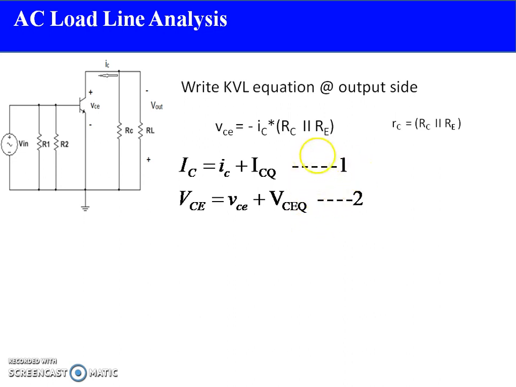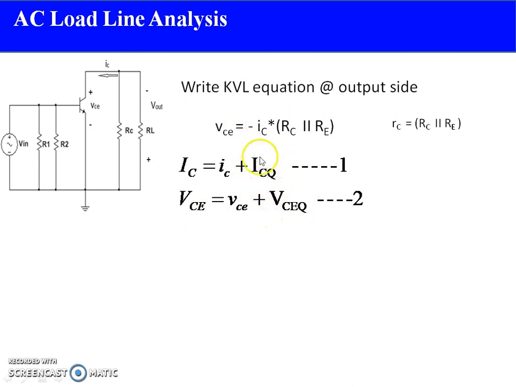So from this, if I put these two values in the above expression, this is my small vce, that means this is my AC component. So the AC component can be replaced with total VCE minus VCEQ.